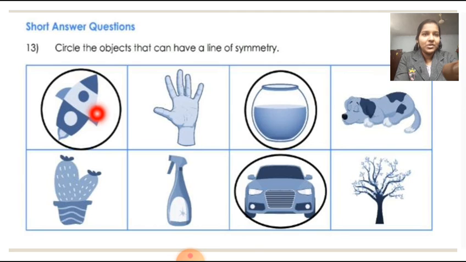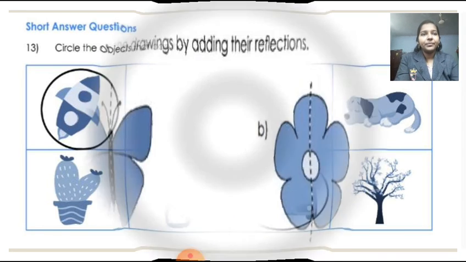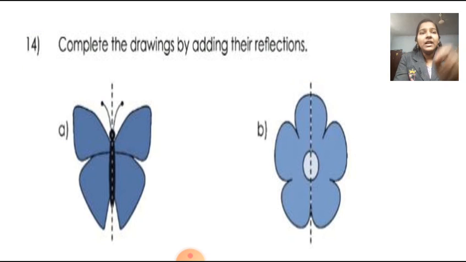And among these, the car only. This is a symmetrical shape. So if we draw a vertical line of symmetry, this will divide this car into two equal parts. So the car is the other one. Got it, children?